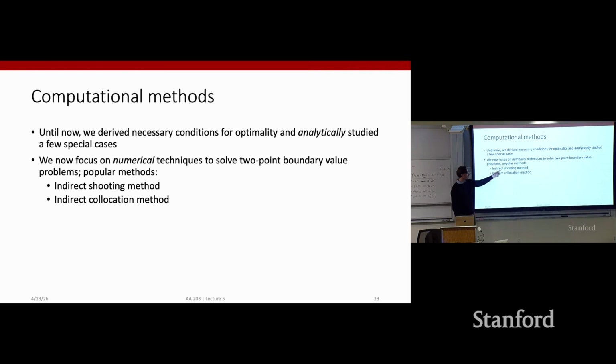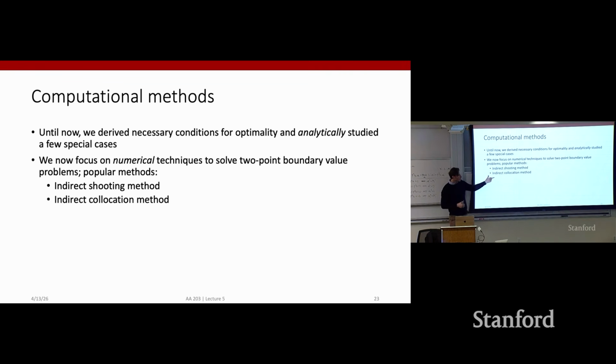But at a high level, you should see a shooting method as a method that approximates a two-point boundary value problem as an initial value problem, where I take a guess of what the initial value is, propagate my system forward, see my error with respect to the final condition, get a residual, and then update my guesses iteratively.